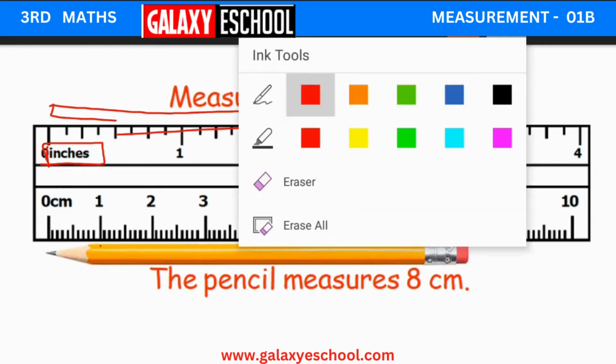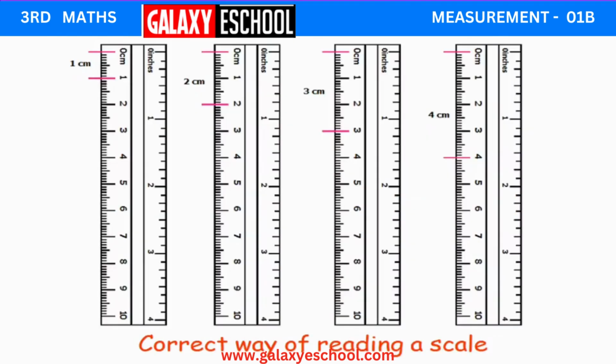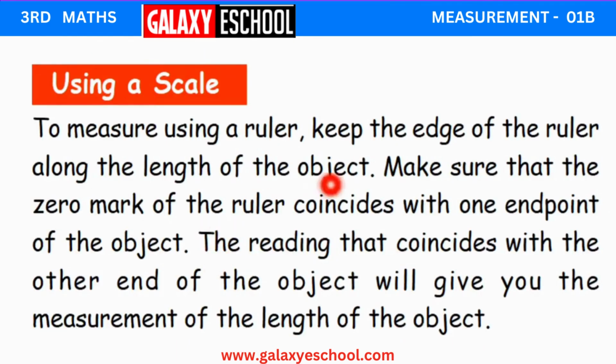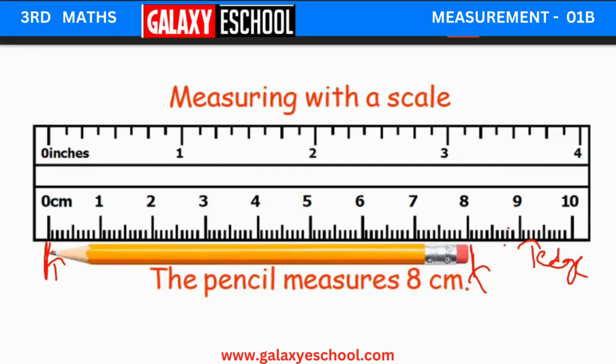Yes, so first step is to place the given object along the edge of our ruler or scale. Now what is the next step? We have to make sure that one of the edges of the object, now this object has one end and the other end. What was the second step? Make sure that the zero mark of the ruler coincides with one end point of the object. Now this object here, pencil, has two end points, this and this.